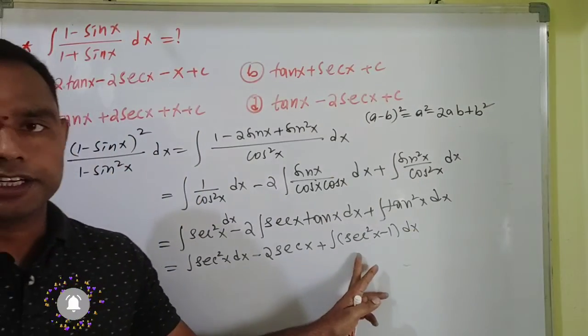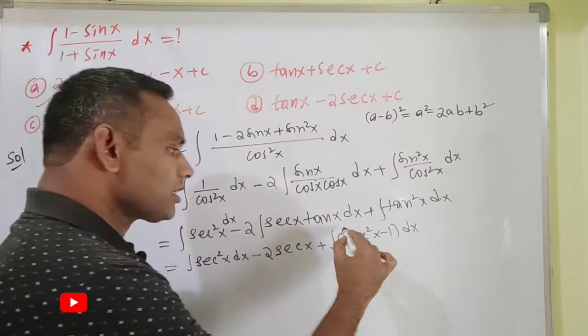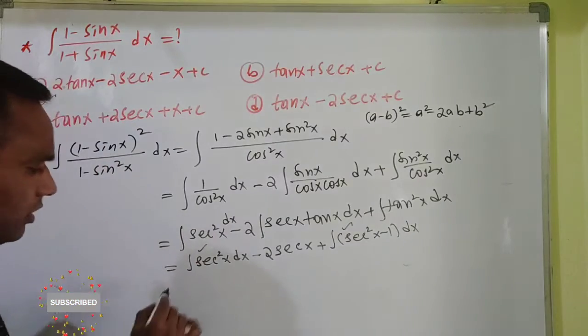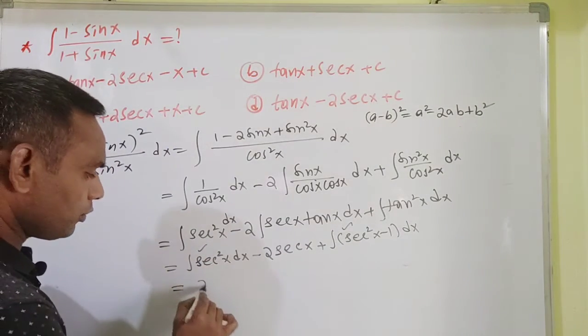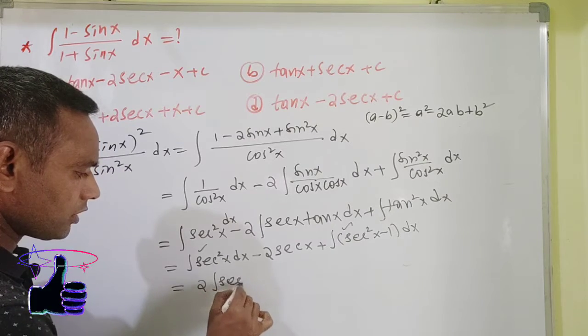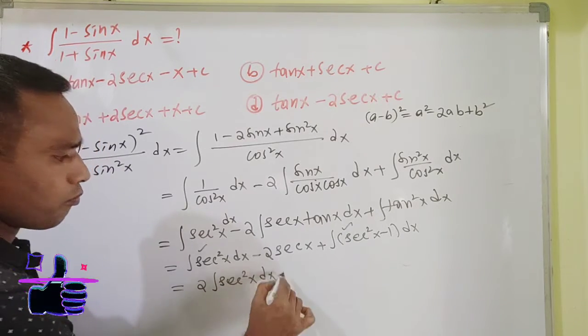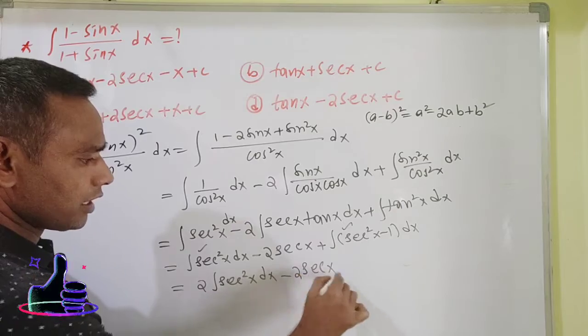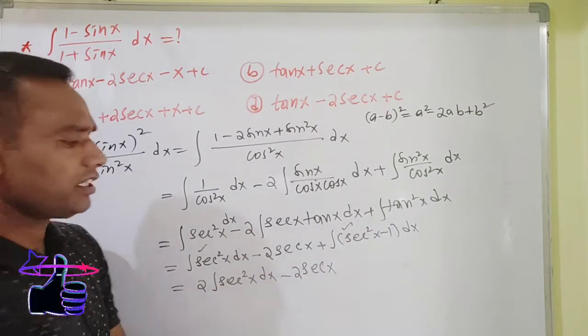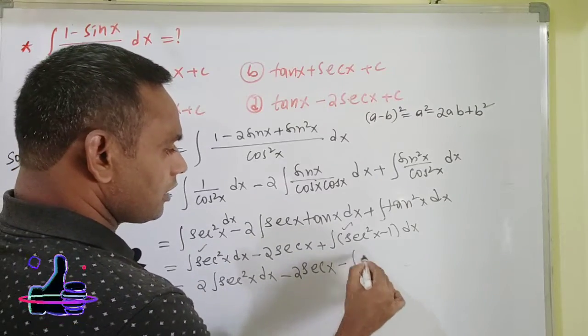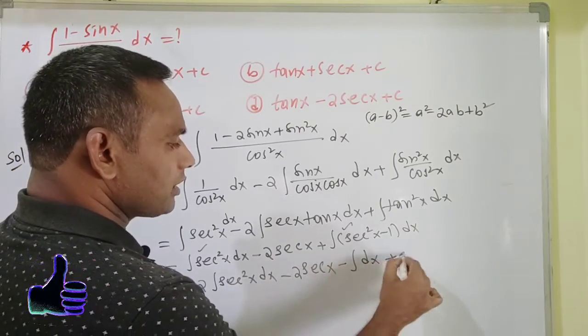We know integration of sec square x here, and here also sec square x. Both have the same sign, that means plus. Adding them gives 2 into integration of sec square x dx, minus 2 into sec x, and minus 1 into integration dx, plus the constant.